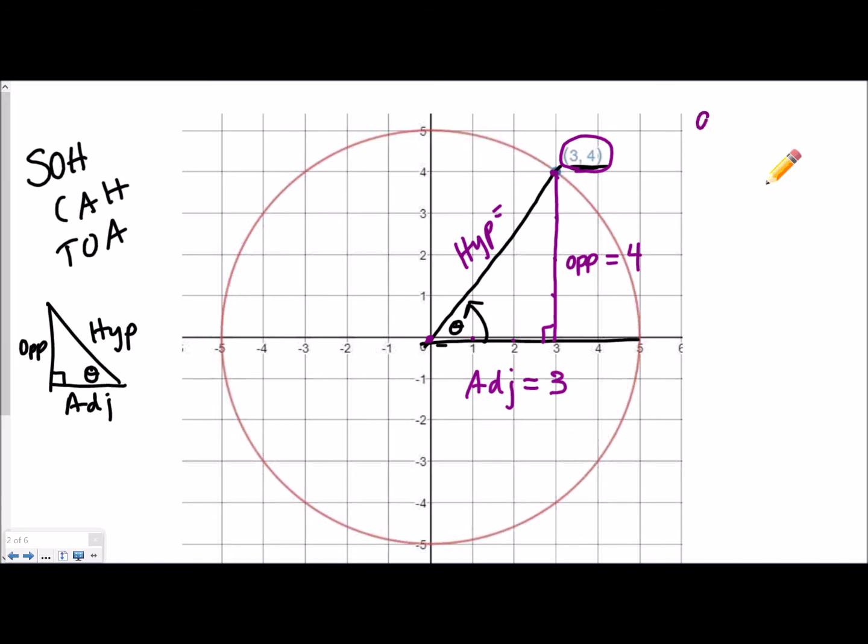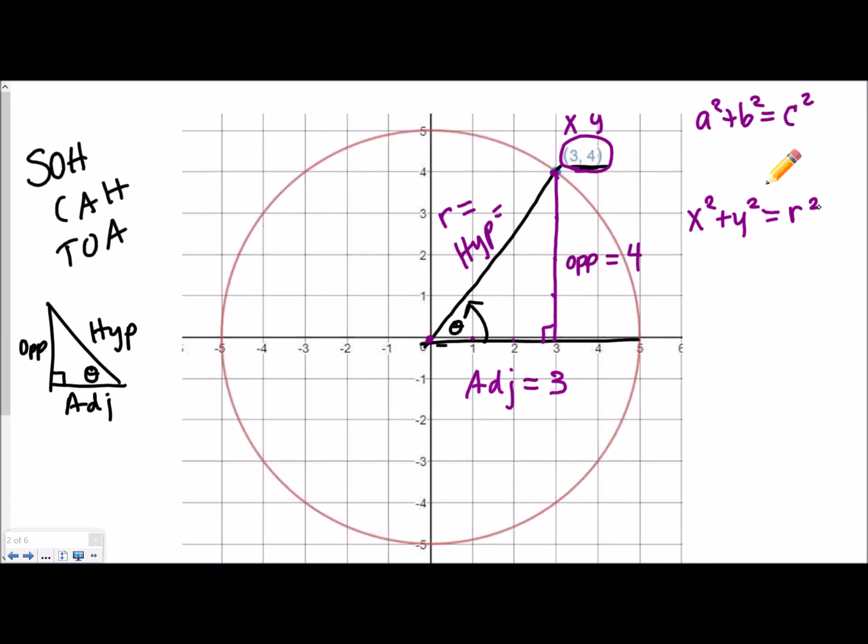Well, we've got a squared plus b squared equals c squared, except we're going to call this an x and a y. And this hypotenuse is actually the radius, so we call that r. So think of it as x squared plus y squared equals r squared.